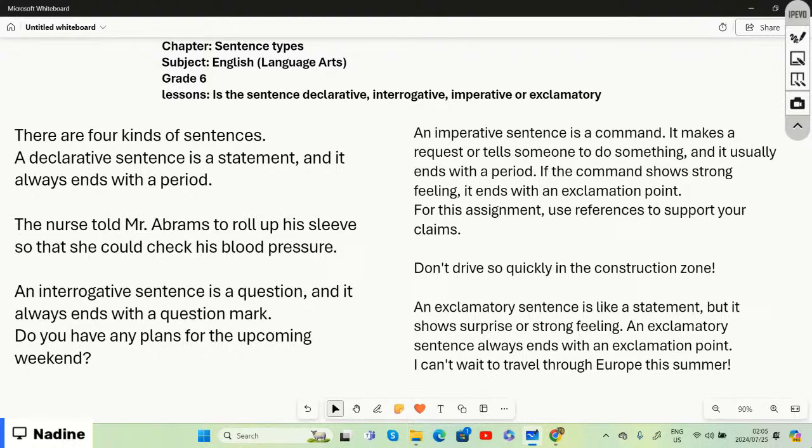It's like you randomly just telling someone something, it's just talking. An example is: the nurse told Mr. Abrams to roll up his sleeves so that she could check his blood pressure.